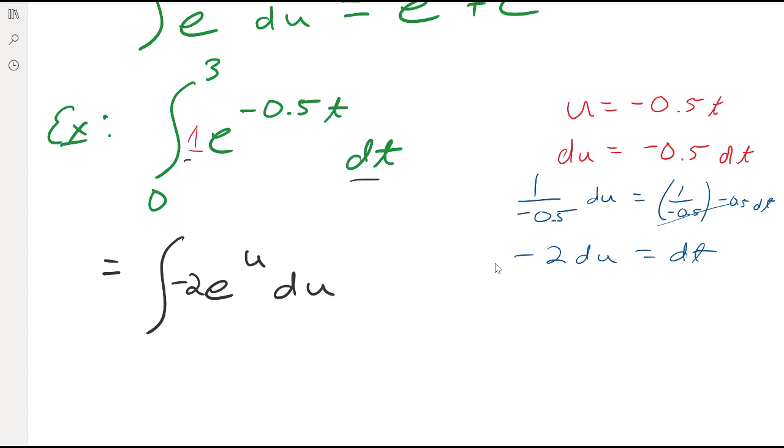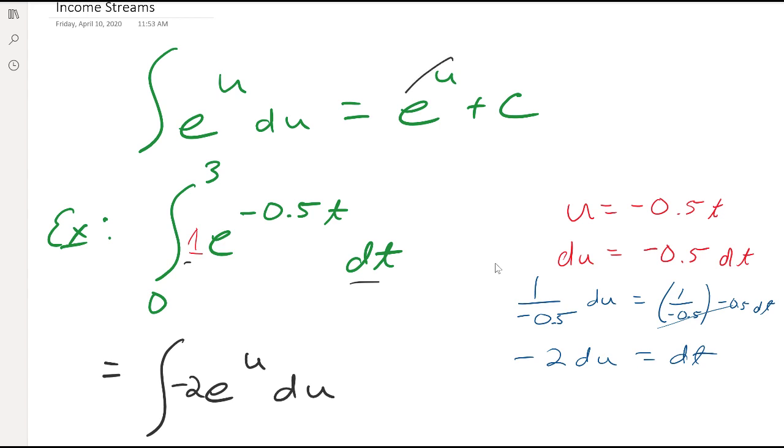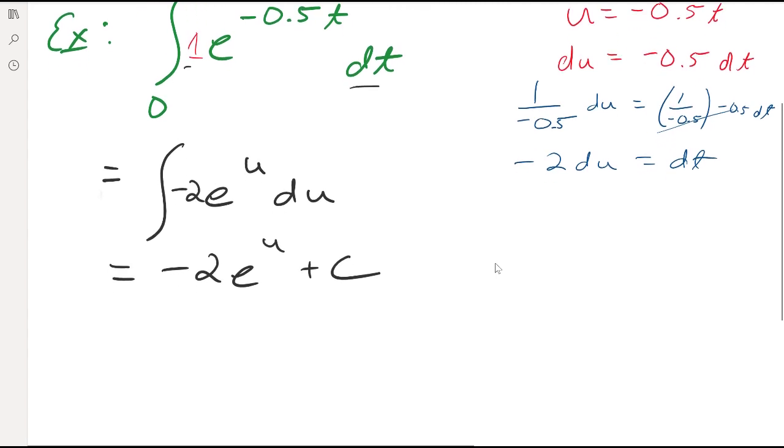Now we integrate, and remember the integral of e to the u is still e to the u. So when we integrate negative 2 times e to the u, we get the exact same thing, negative 2 e to the u. Technically there's a plus c, but since it's a definite integral, the c will drop off.